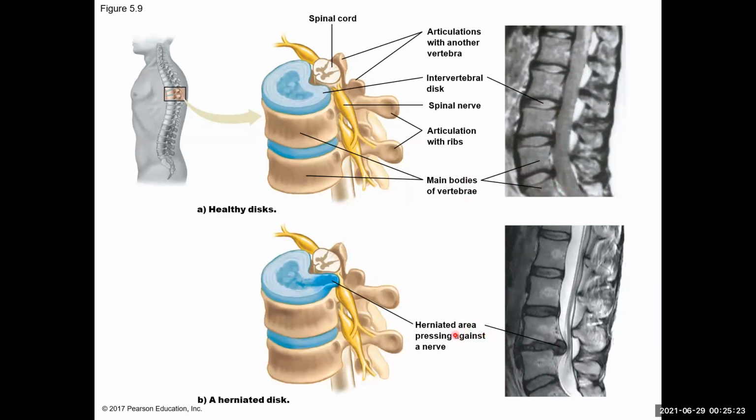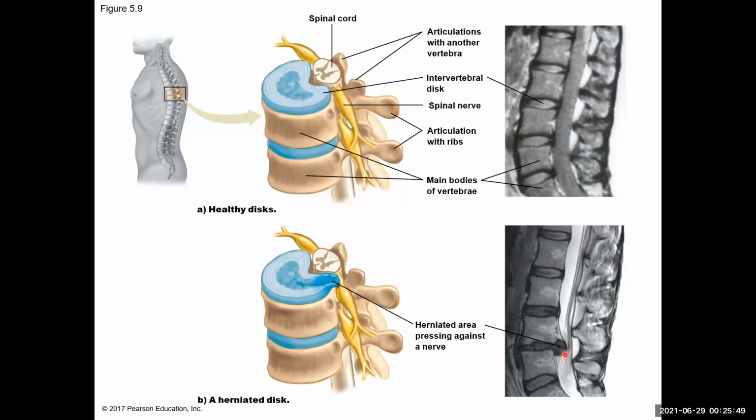But on this bottom image, you see a herniated disc, which is basically where that disc has ruptured and bulged out of its original shape and structure and is pressing on a nerve that extends from the spinal cord. And you can see that herniated disc pushing against that nerve that runs down the vertebral area.